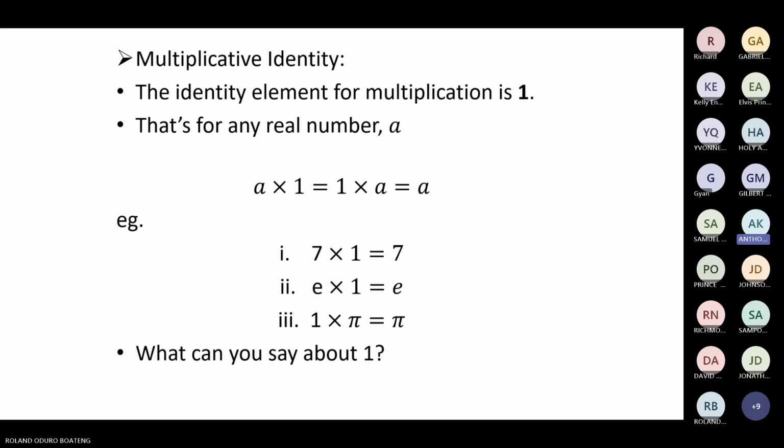I want to get a marker so I can write something for you. So you start from 1 and end at positive infinity. That's natural numbers. If you include 0 with the natural numbers, so you have 0, 1, 2, 3 going on, we call it whole numbers.